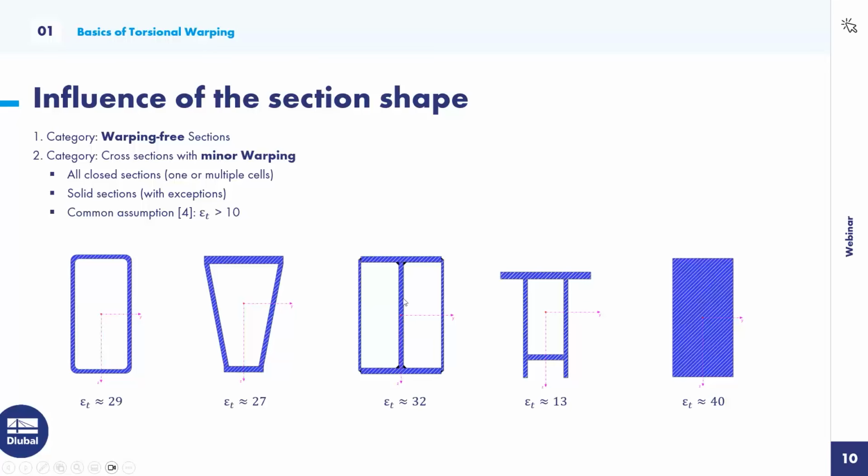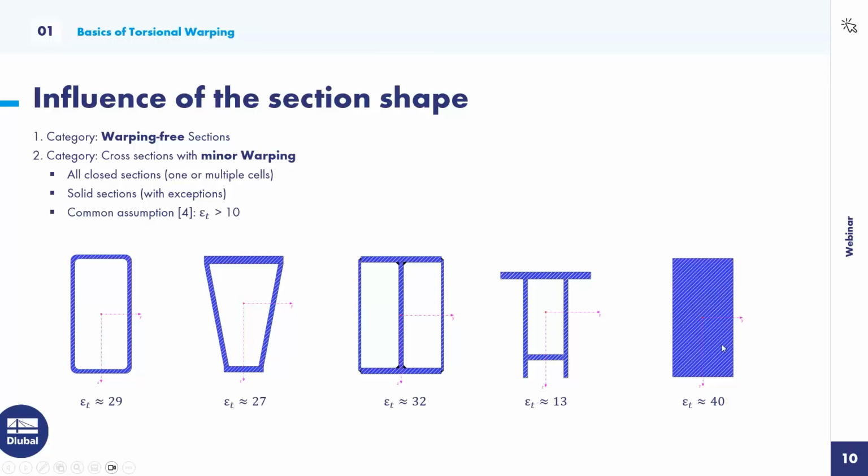We have an I section with some reinforcement plates at the sides, which forms a multi-cell section basically. We have some hybrid sections, so there's a box section with some unrestrained parts, but still in this case the member constant would be greater than 10.